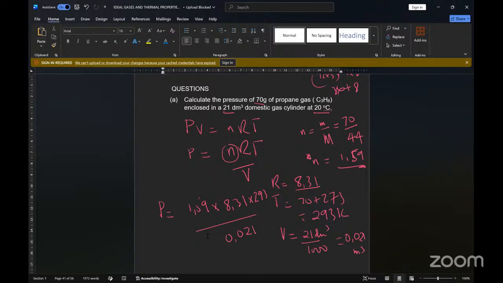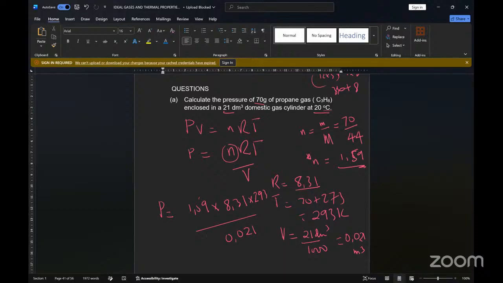We're going to have 1.59 times 8.31 times 293 divided by 0,021.